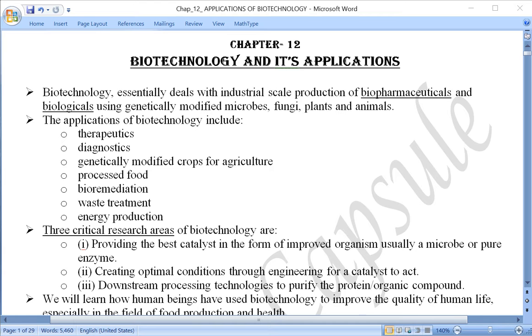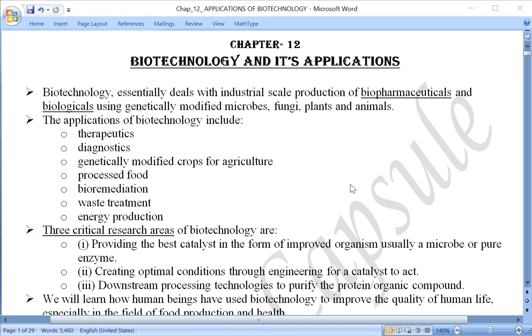When we are talking about use of biotechnology, we are mainly referring to the products which we harvest by using the biotechnological techniques, so that we get maximum product by which we are benefited.